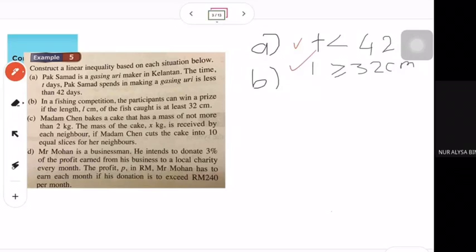Okay, next. Teacher, please do C. Madam Chen bakes a cake that has a mass of not more than 2 kg. The mass of the cake in kg is received by each neighbor if Madam Chen cuts the cake into 10 equal slices for her neighbors. How do we do that?